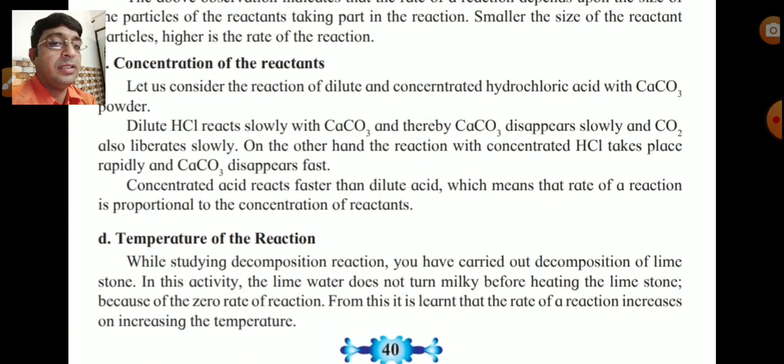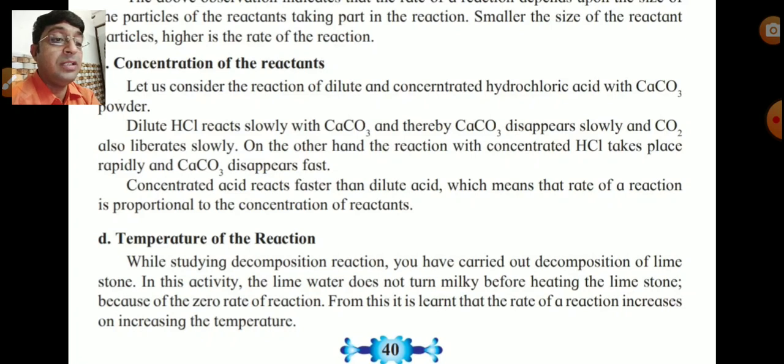Fourth factor affecting the rate is the temperature of the reaction. While studying decomposition reactions, you have carried out the decomposition of limestone. Limestone is the common name of calcium carbonate, chemical formula CaCO3. In this activity, the lime water does not turn milky before heating the limestone.